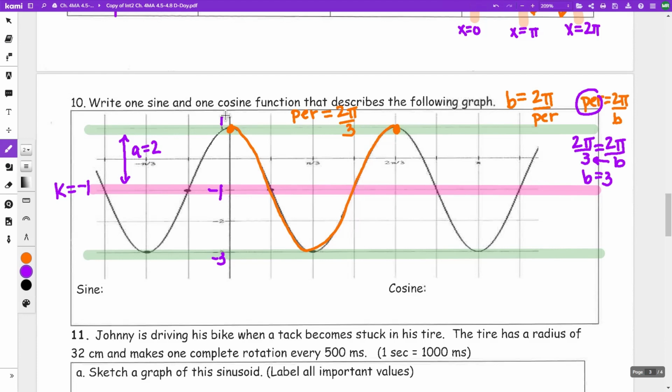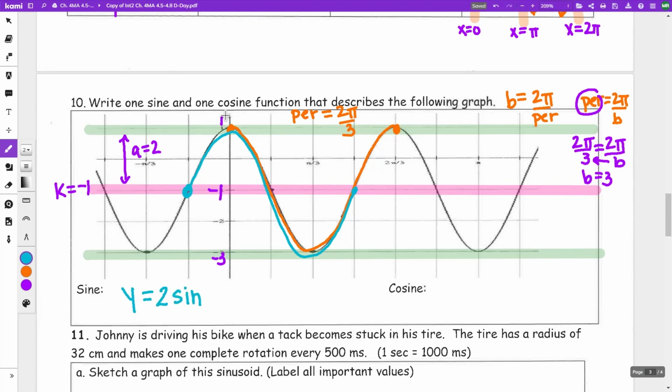Now, my phase shift depends on where I'm going to start. Myself personally, for a sine, let's say you want to start at a 0. So let's say I start here, and I'm going to go from here to here. The period is the same as it was for my cosine. So this is going to be y is equal to my amplitude. I'm doing a positive sine, so 2 sine.